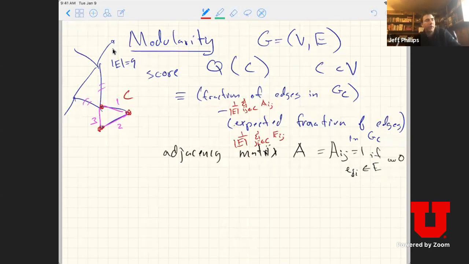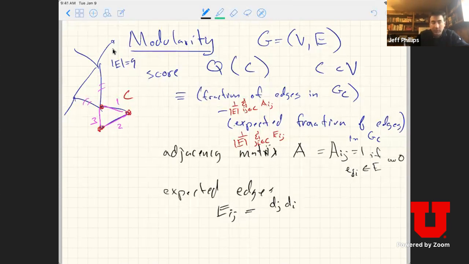I guess I've overloaded uppercase E here, but I'm going to define the expected number of edges. E_ij is going to be equal to the degree of i times the degree of j divided by 2 times the total number of edges.